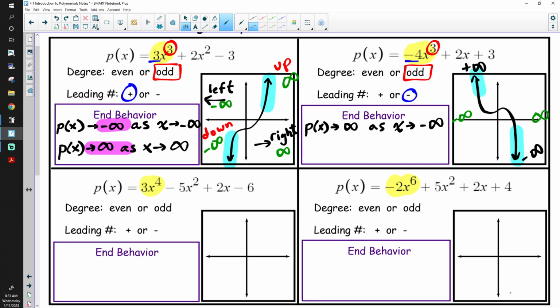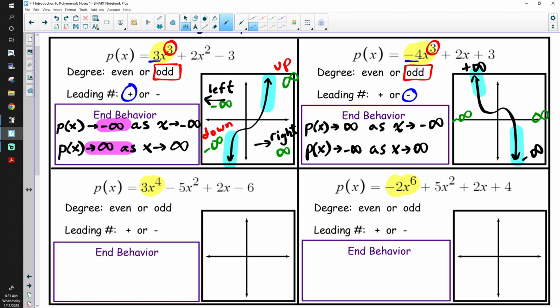Okay, now if we describe the right side, which it's going down, so we're going to use negative infinity. Polynomial P of x approaches negative infinity as x approaches positive infinity. Again, it looks crazy. It looks weird.